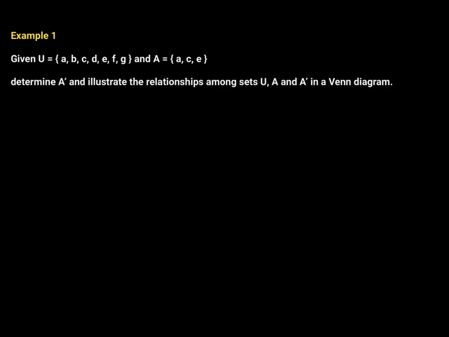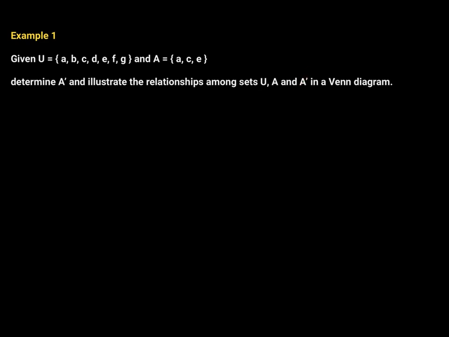All right, here's our first example. Given this universal set, A, B, C, D, E, F, G, and this subset, A, C, E, the name of the subset is A, determine the complement of set A and illustrate the relationships among sets U, A, and the complement of A in a Venn diagram.